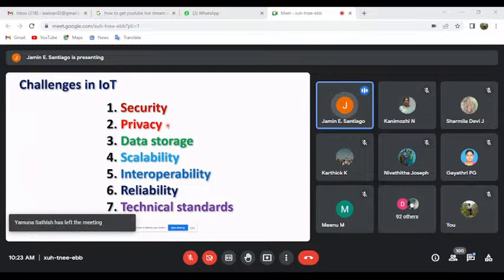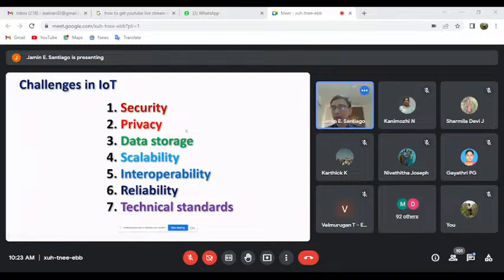Next is privacy. The Roomba, the robot for cleaning, was reported a few months ago to have taken pictures of the occupants, and it was shared to the internet. So that is an invasion of privacy.